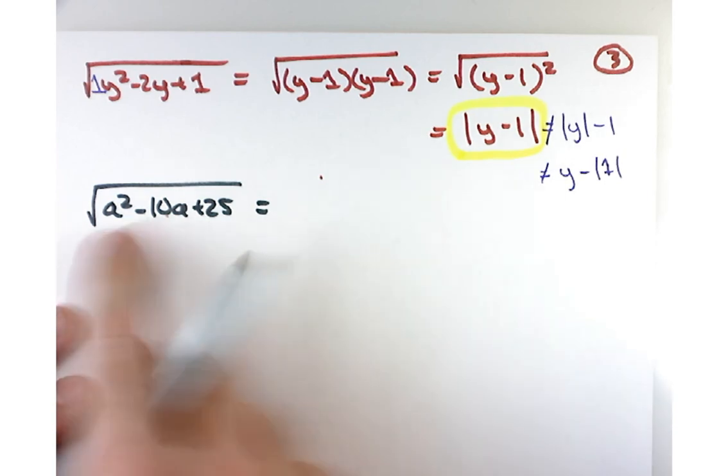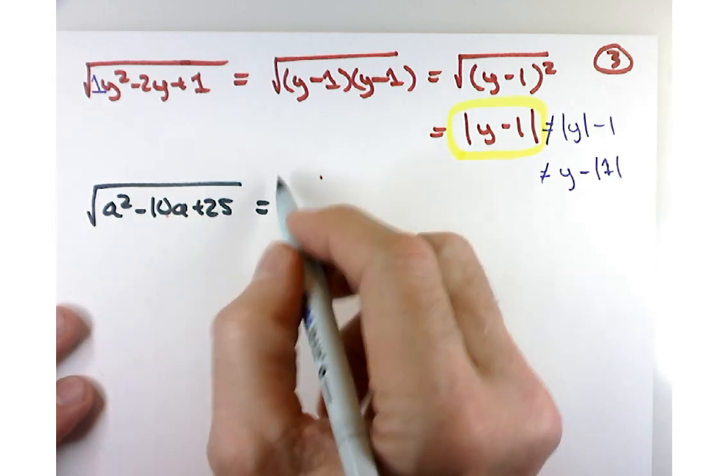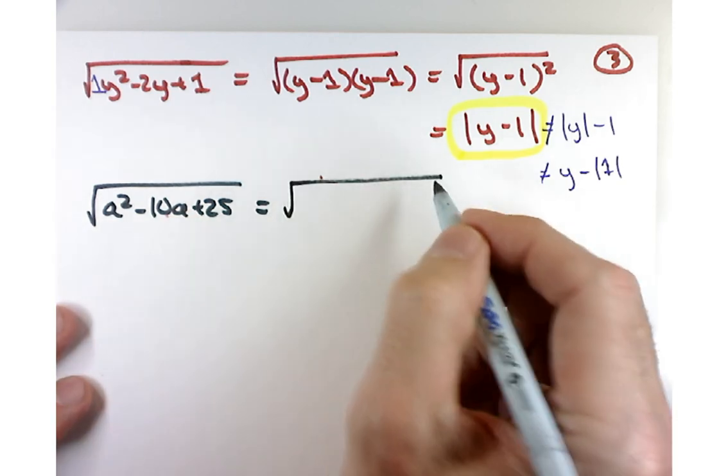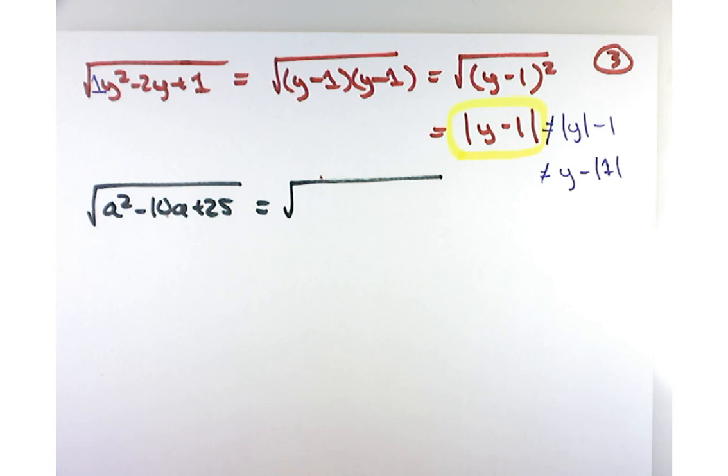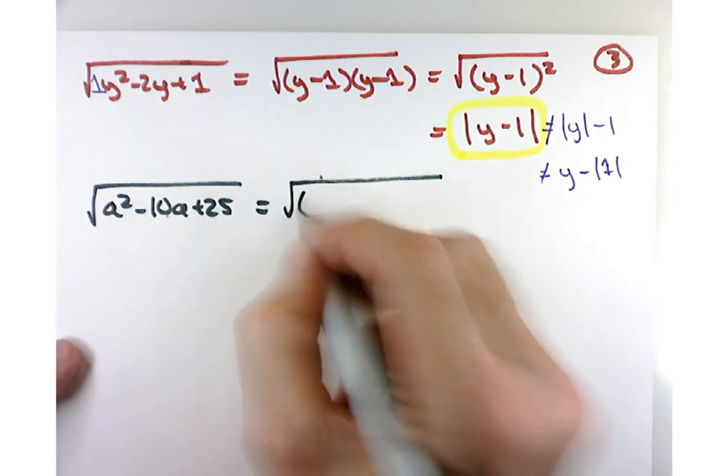You can't break up the square root from here, but you can simplify and work with what's underneath the radical. So, Ryan G, any luck in factoring this?